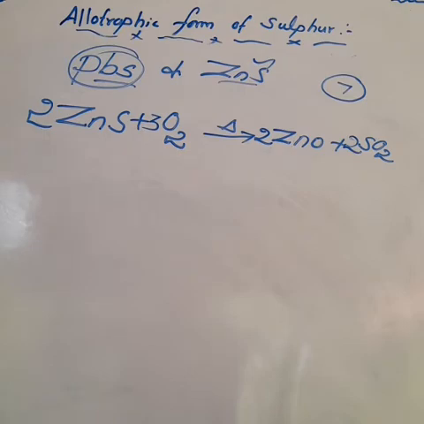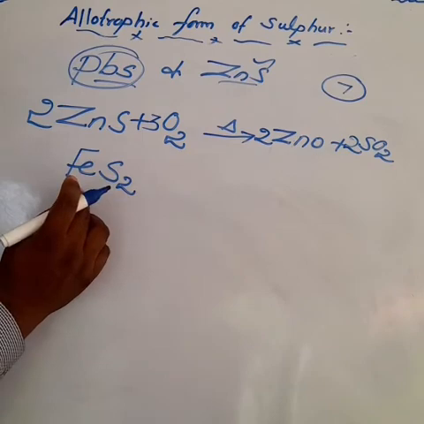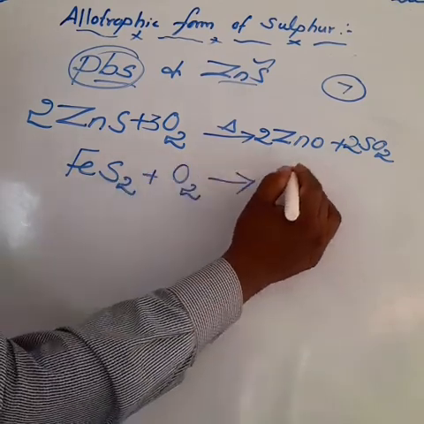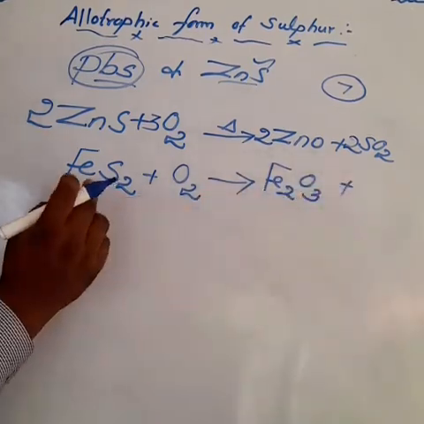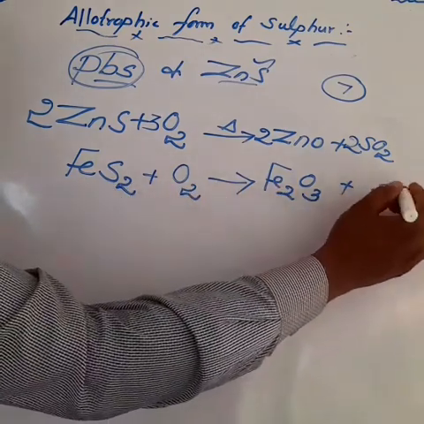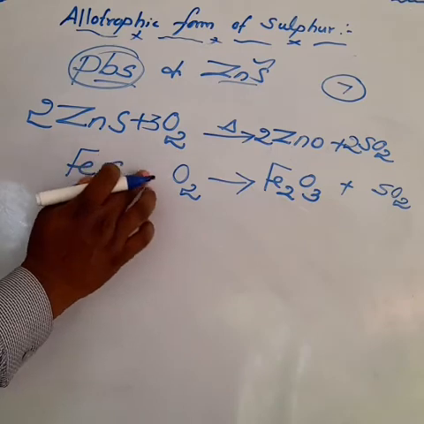So, next I am talking about iron sulfide. This iron sulfide, FeS2, undergoes oxidation to form Fe2O3, and sulfur combines with oxygen, we get sulfur dioxide. How can you balance the equation?